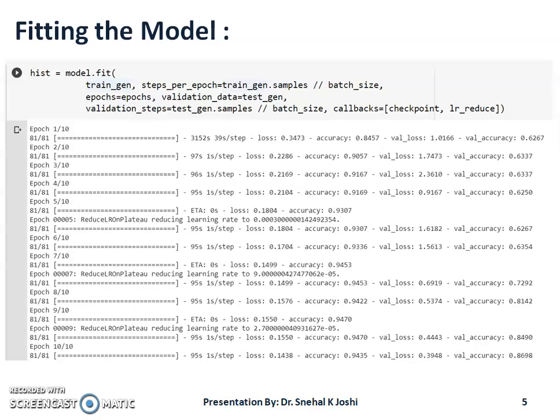We obtain a loss value of 0.1438 with training accuracy 0.9435. That is 94.35% accuracy, which is quite high. However, the testing set accuracy is 0.8698, which is 86.98%. Looking at the improvement in validation accuracy, we can observe that if the number of epochs is increased, we can obtain higher validation accuracy. So in the next section, we will analyze the results obtained.